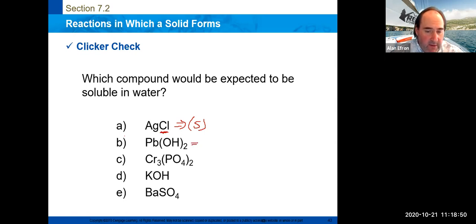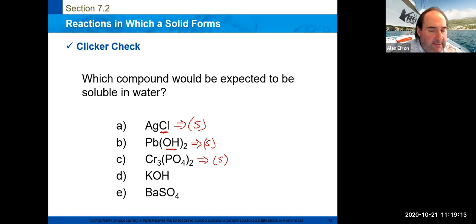So this one as well, we would expect to be a solid. Again, that can be found on the bottom, in the blue section of the last solubility table. We look at phosphates there. Phosphates as well are going to be insoluble, so this one should be a solid. Again, on the bottom blue little box on that second solubility table.